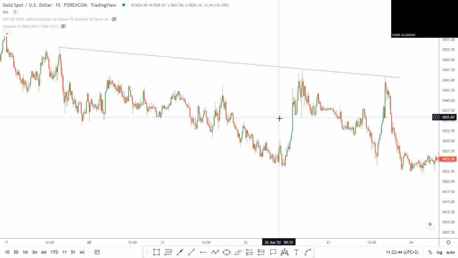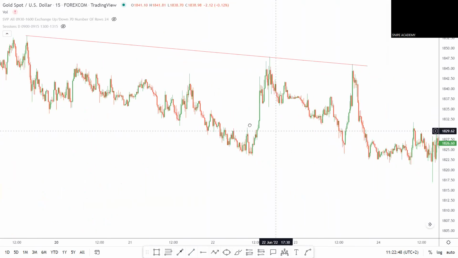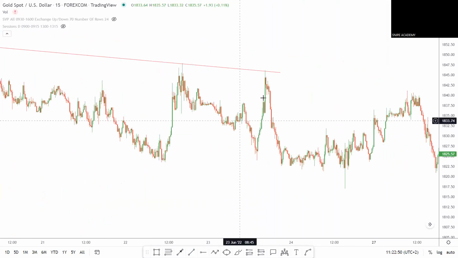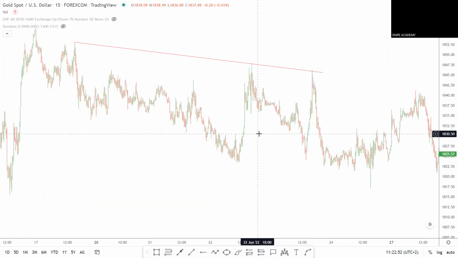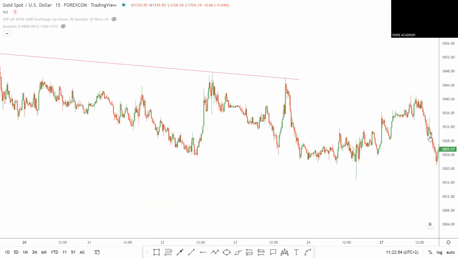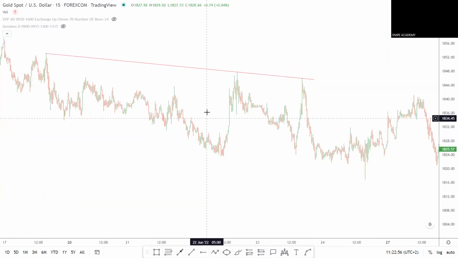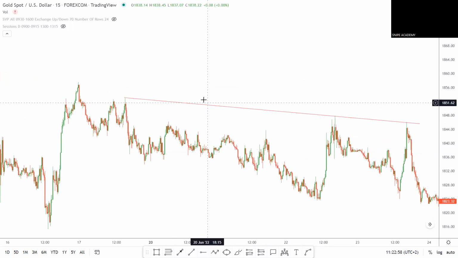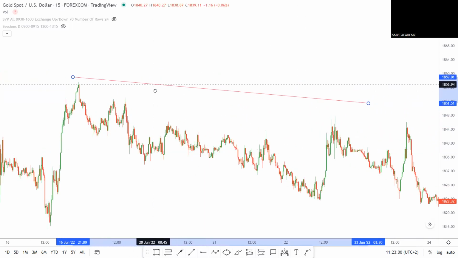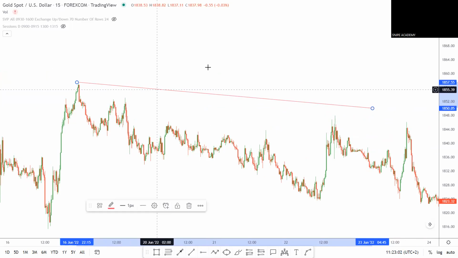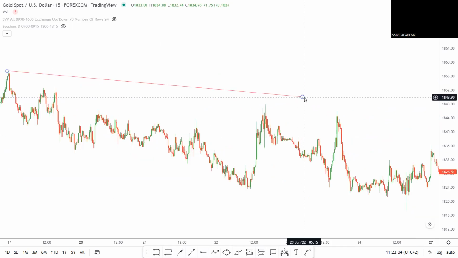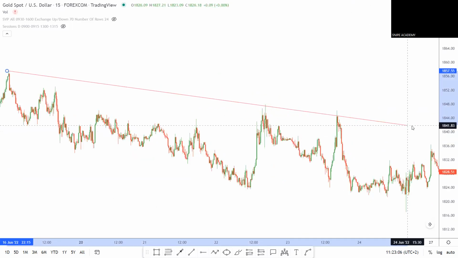Very, very straightforward. Then let me explain why I really don't look at support and resistance, especially with gold. Gold really likes to not respect support and resistance. It does, to some extent, but it will always look for liquidity grabs, for fake outs.